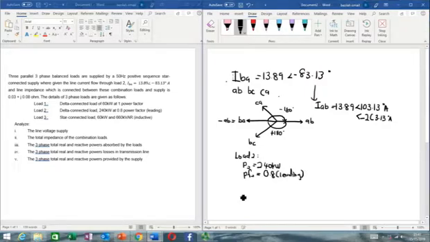To calculate, we have to calculate S2. The formula is P divided by PF, with the angle being arccos 0.8. And don't forget the negative, because this is leading, and leading means the angle should be negative.